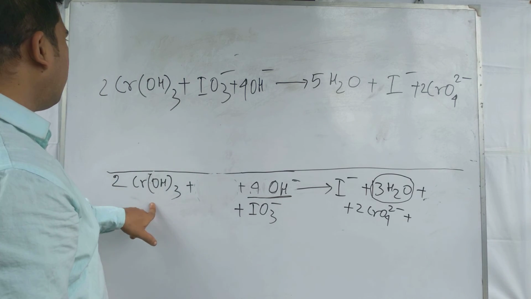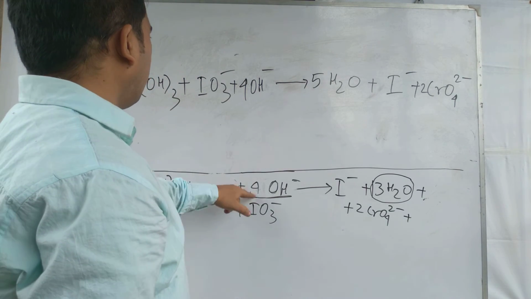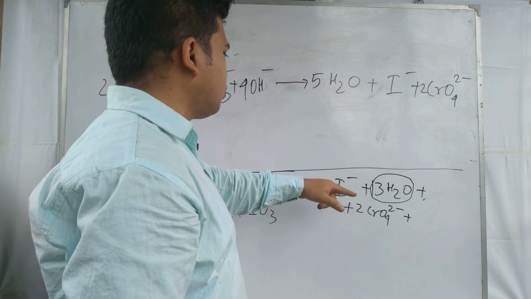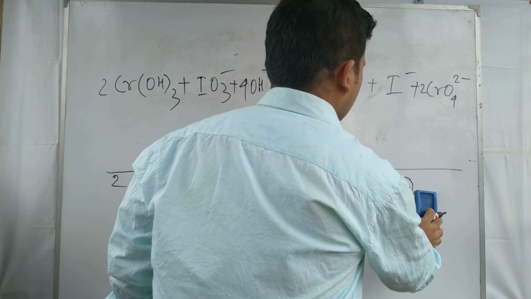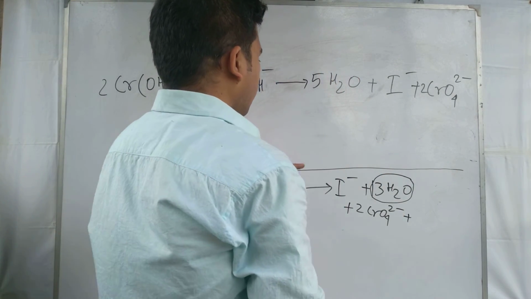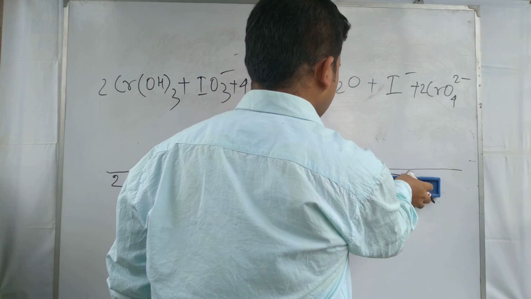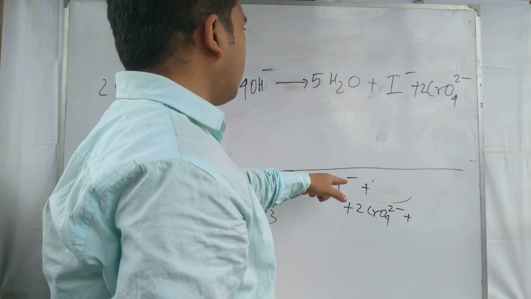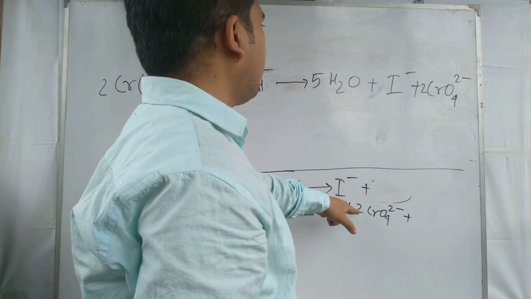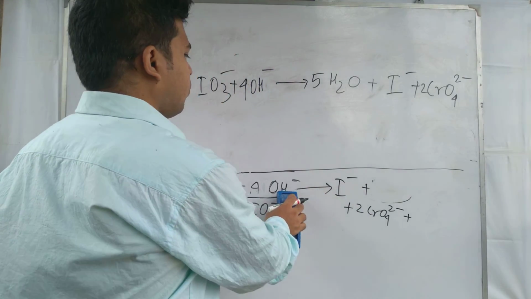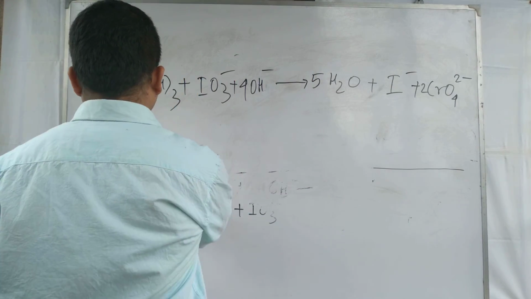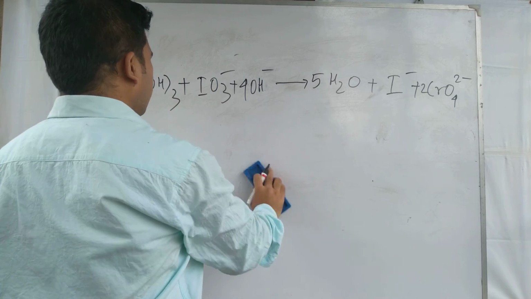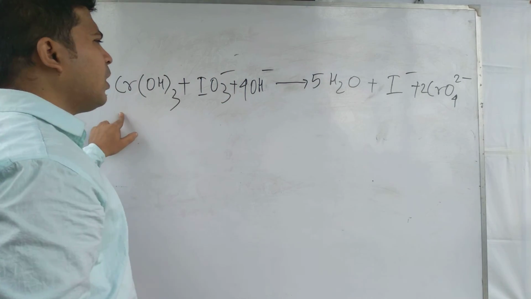It is chromium hydroxide 2, iodate ion 1, and 4 OH minus ions. Next 5 H2O, then iodide ion I minus, and 2 CrO4 2 minus, and then we remove the earlier equation, because we already have the equation in a simpler form.